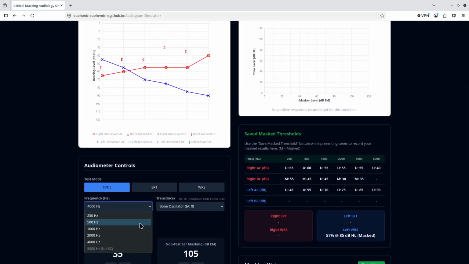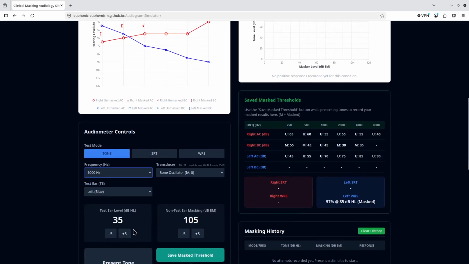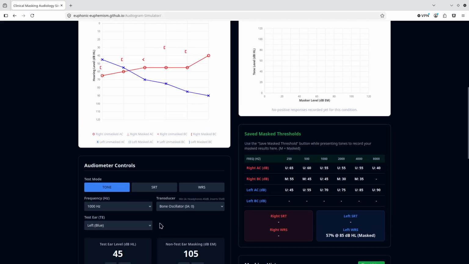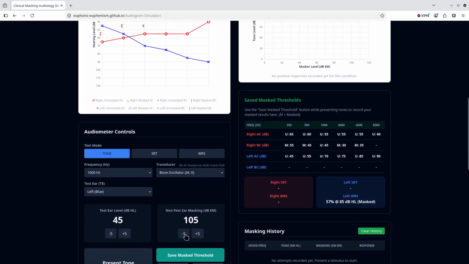So 1,000, we don't have an occlusion effect at 1,000 for inserts. So for 1,000, we're going to start with our unmasked bone conduction threshold at 1,000, which is 45 dB. And then our right ear is our test ear. So we're going to start 10 above, which is 65.